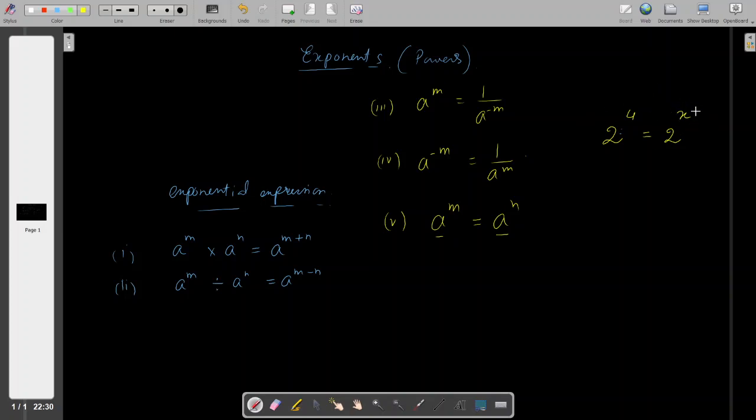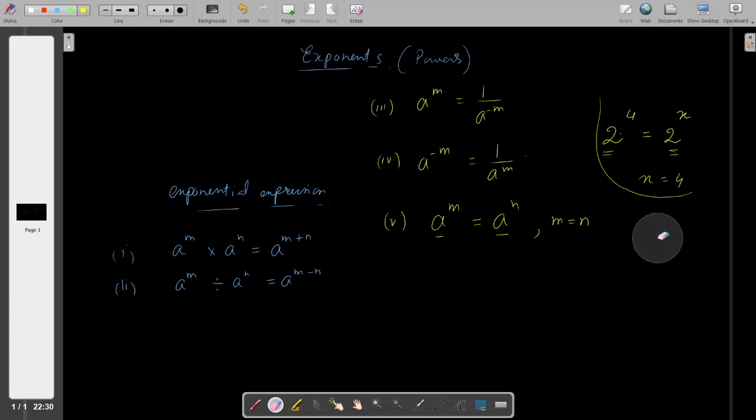Now on both sides your base is the same, right? So if the bases are the same, then the powers will also be equal. So from here we can conclude m equals n, and here x will be equal to 4. Okay, so this is another one.